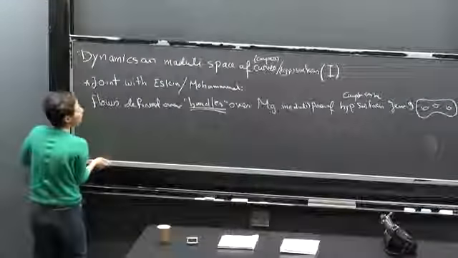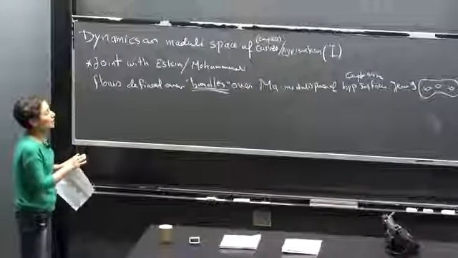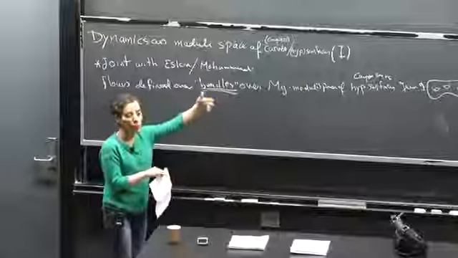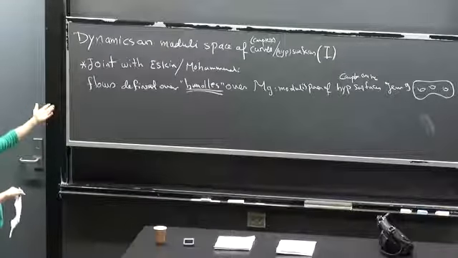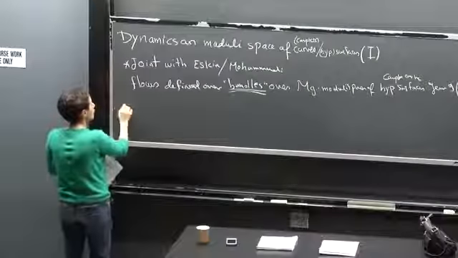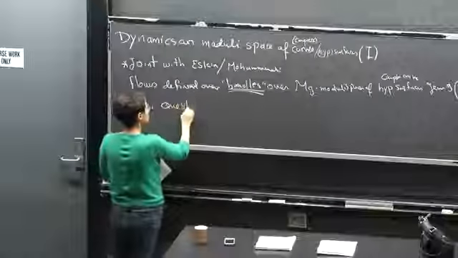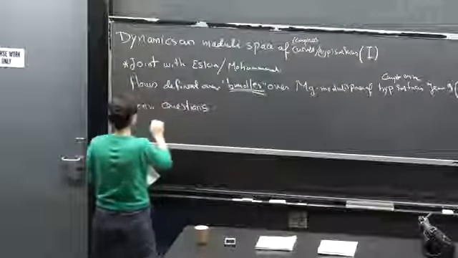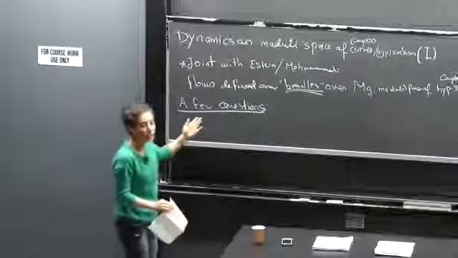Before I define anything, or say what the flow is, how we define it, and what I mean by dynamics over this, I want to discuss a few problems, a few questions, just to motivate the work that I'll be discussing.